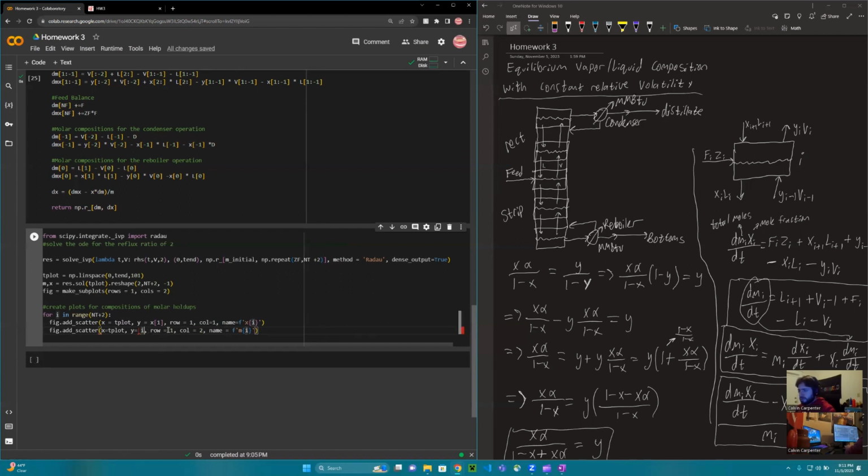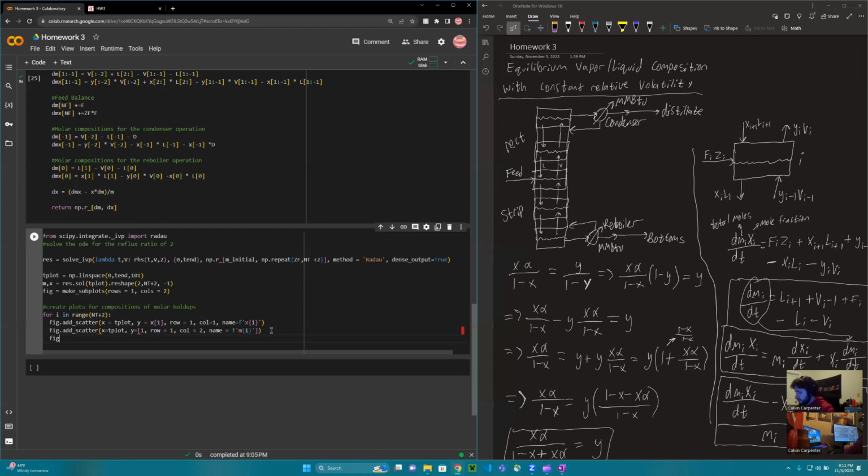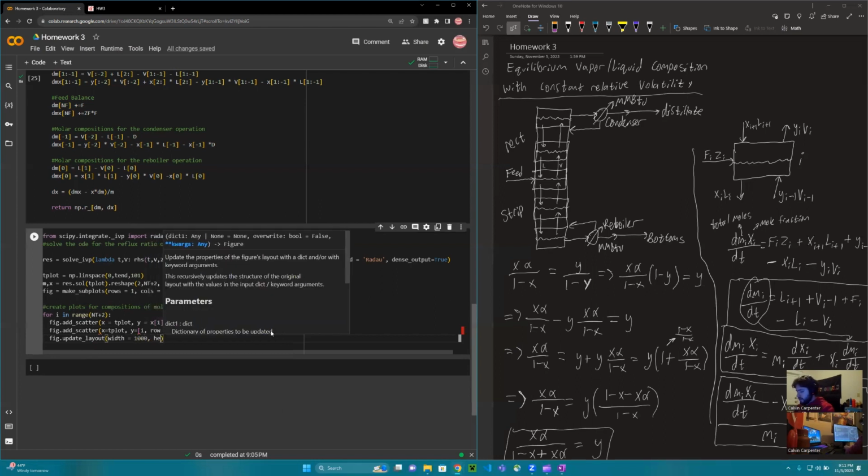Wait, I think I should have closed this bracket. Okay, fig update layout, height is equal to 500. I think that'll do the job.